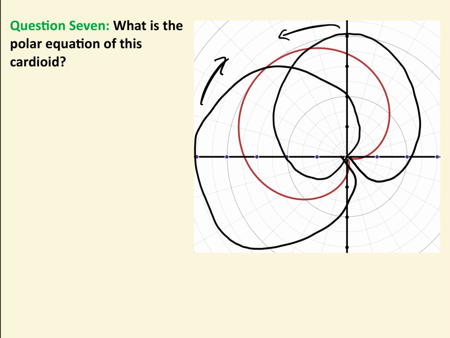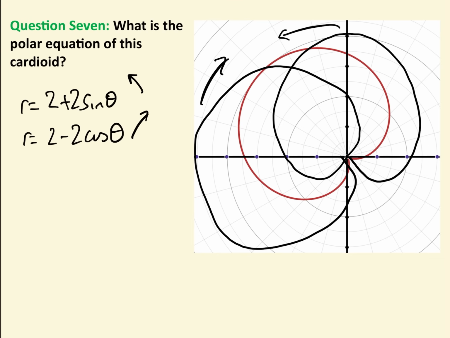So basically we can have two equations of this. So either r is equal to 2 add 2 sine theta rotated pi over 4 that way, or r is equal to 2 minus 2 cos theta rotated 45 degree or pi over 4 that way. And how do we rotate by pi over 4? Well, basically all we do is adjust theta by pi over 4.